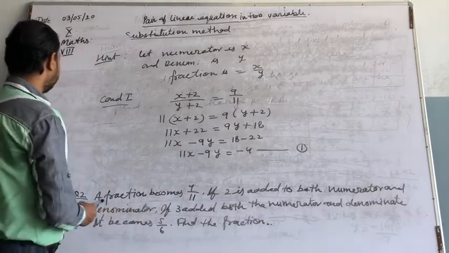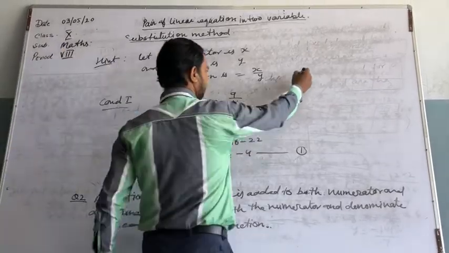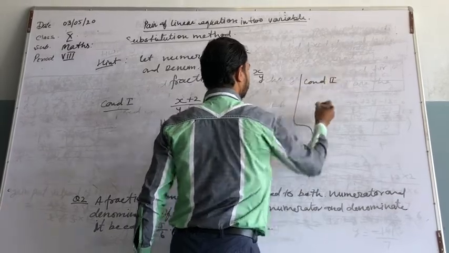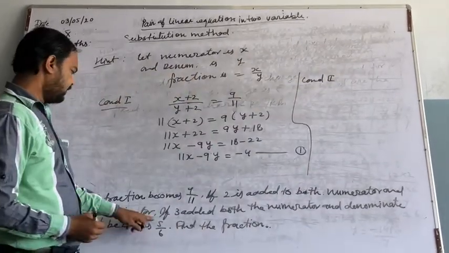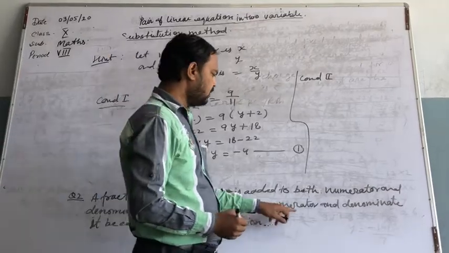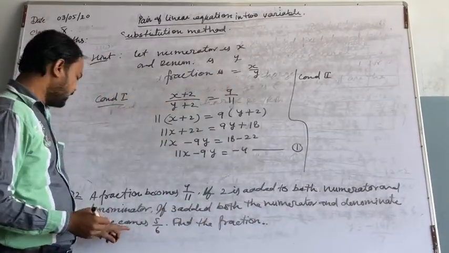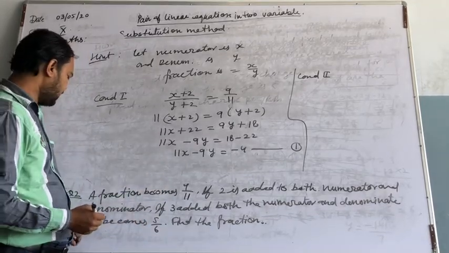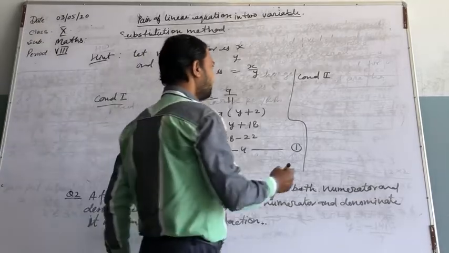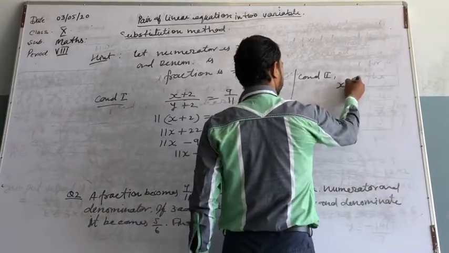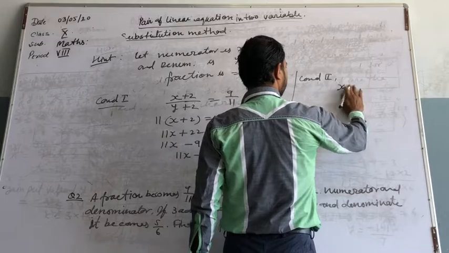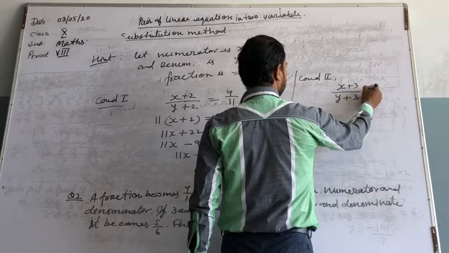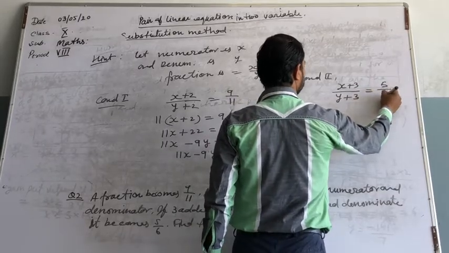Now the second equation: you can write here condition second. In the condition second, if 3 is added to both the numerator and denominator, it becomes 5 by 6. Means x upon y, added plus 3 here and plus 3 here, it becomes 5 upon 6.